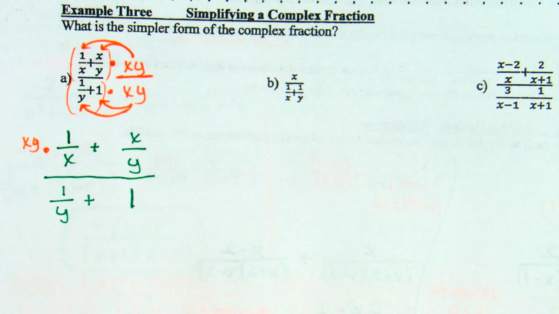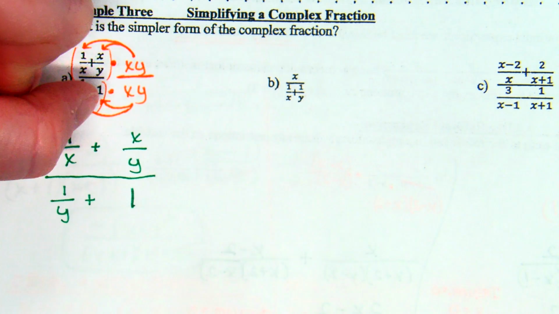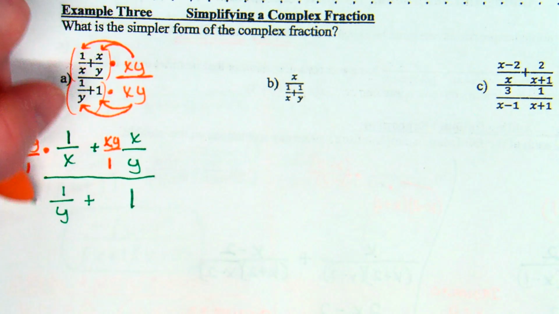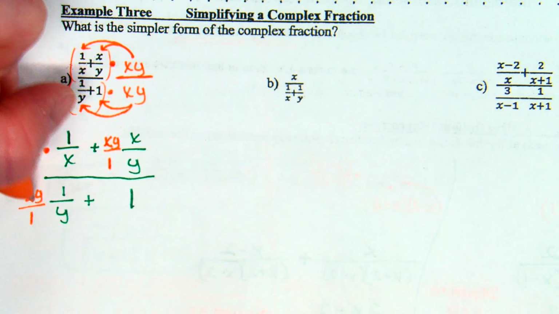What is xy itself as a fraction? How do you make anything a fraction? You put it over 1. So the idea here is we're going to say xy over 1 times 1 over x. We're going to do the same thing with every part. So xy over 1 times x over y. In the denominator, xy over 1 times 1 over y.